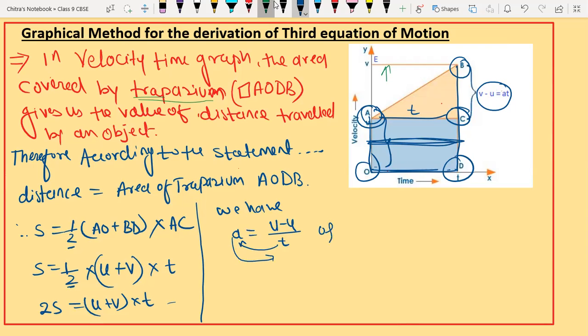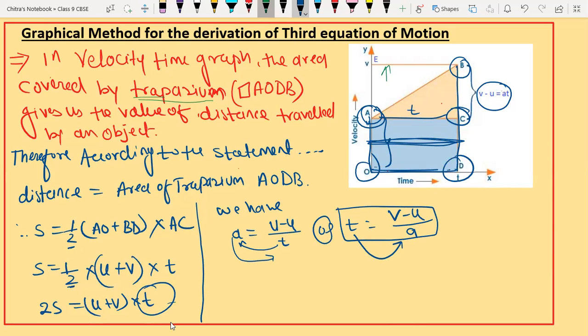So we can write T equals to V minus U divided by A. Can you write that also? So here, instead of T, we can write V minus U divided by A.